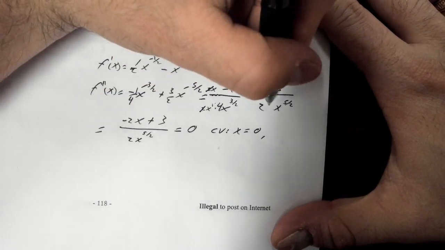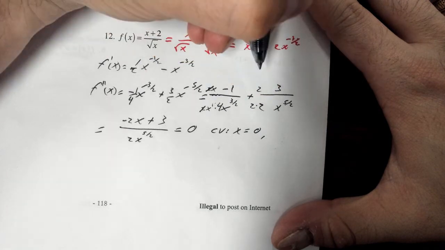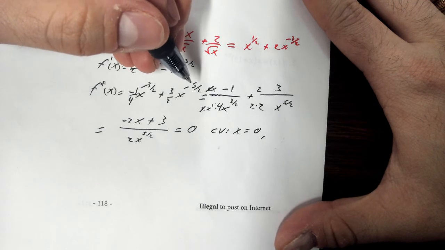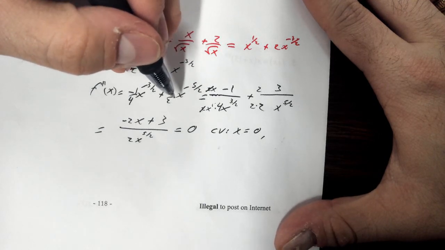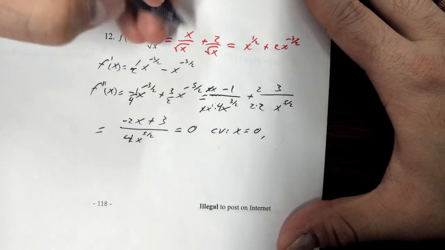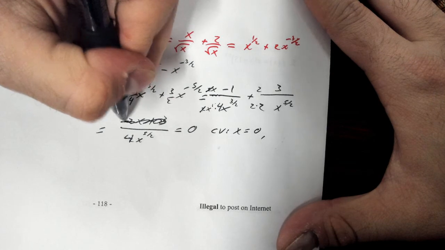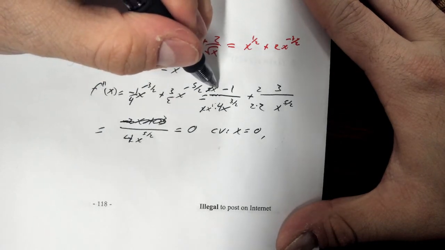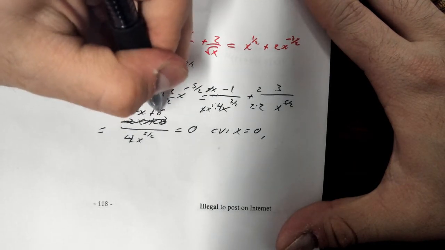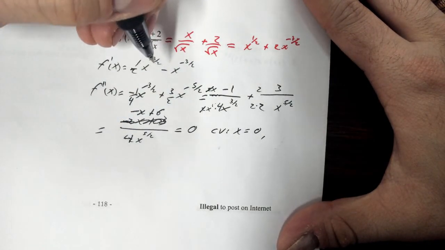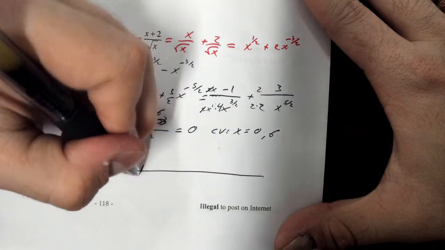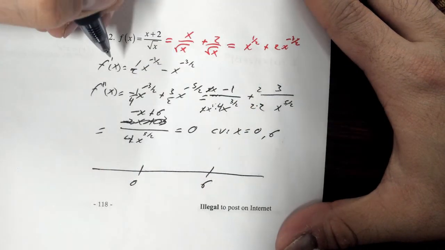We need to multiply this one over here by 2 over 2, to give us a denominator of 4x to the 5/2 and a numerator of negative x plus 6. Our other critical value is just at 6. So 0 and 6.